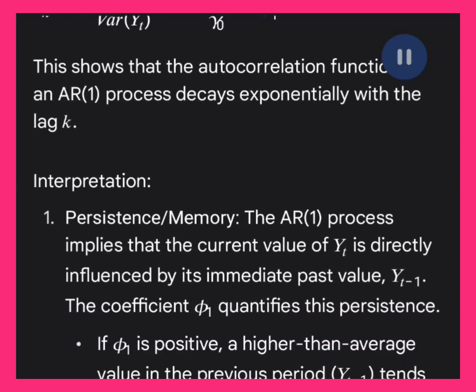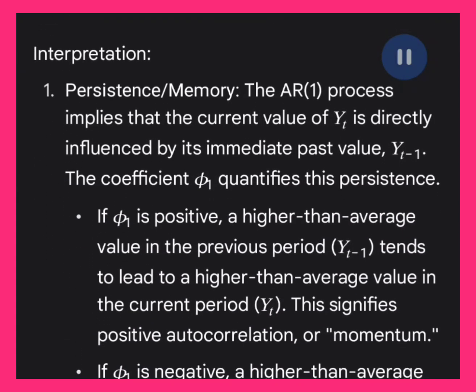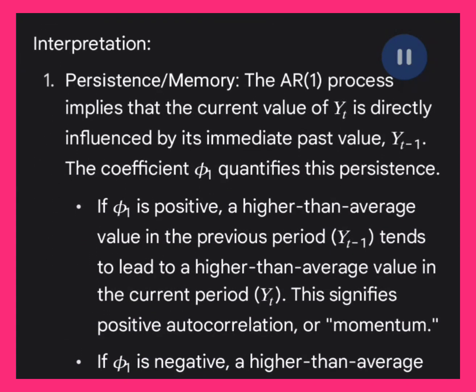Interpretation 1. Persistence/memory. The AR(1) process implies that the current value of y_t is directly influenced by its immediate past value y_{t−1}. The coefficient φ₁ quantifies this persistence.